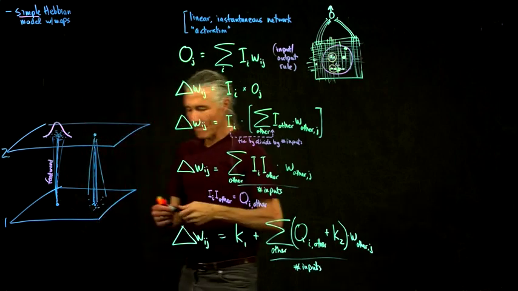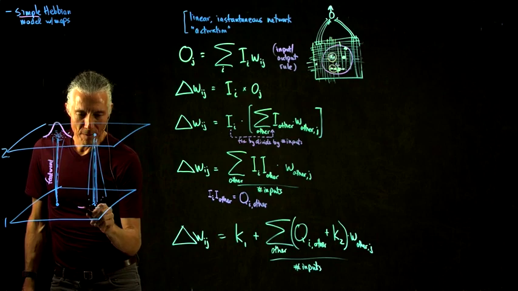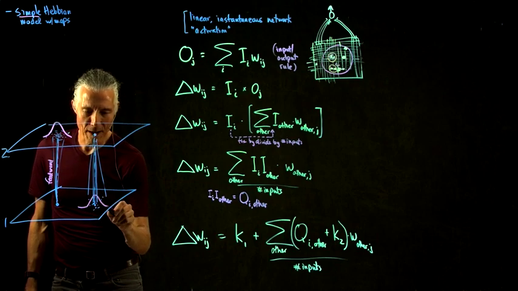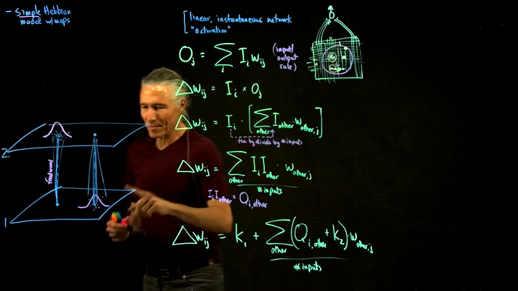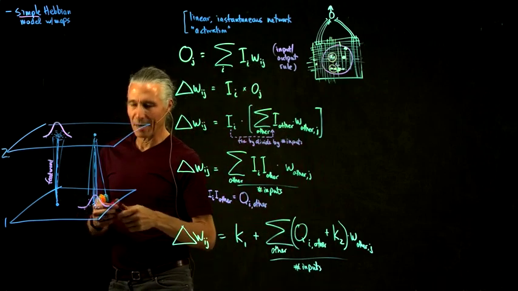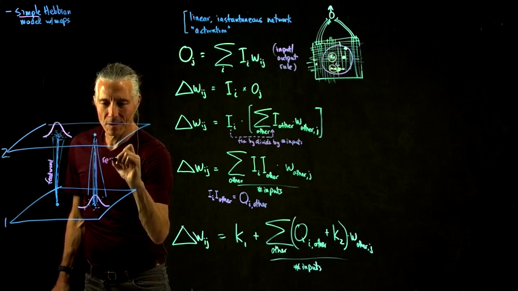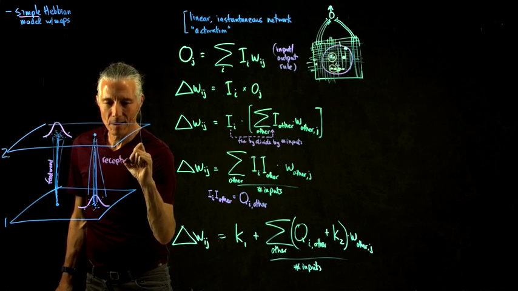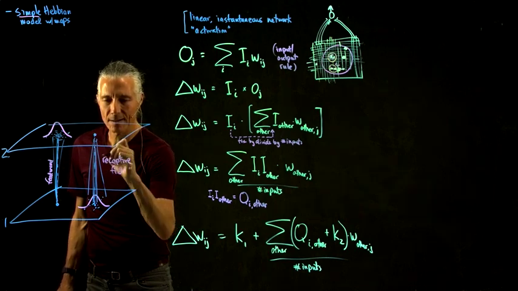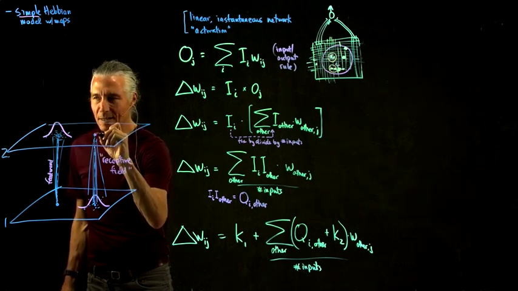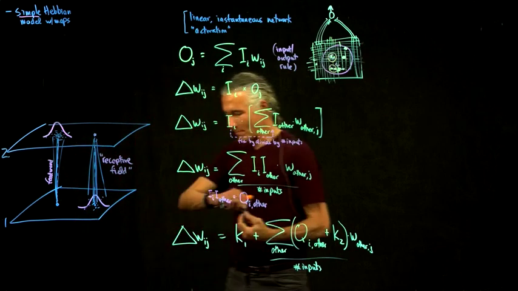So instead we can ask, what is the probability that you got input from this part of the map? It's the same data, same architecture, just two different ways of looking at it. This way of looking at it we can call the receptive field. It's the receptive field for this unit: what can this unit see in the input?